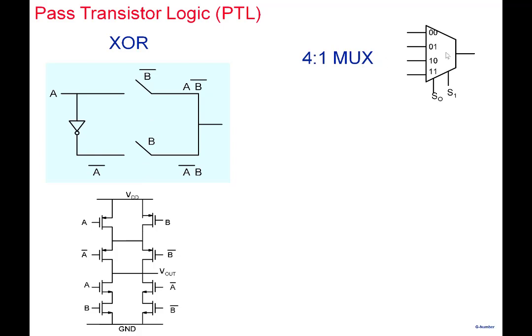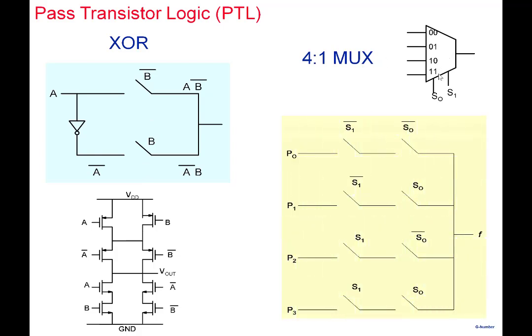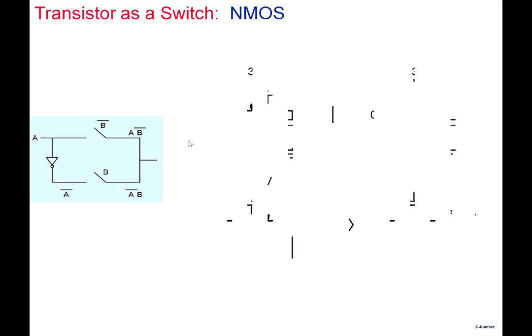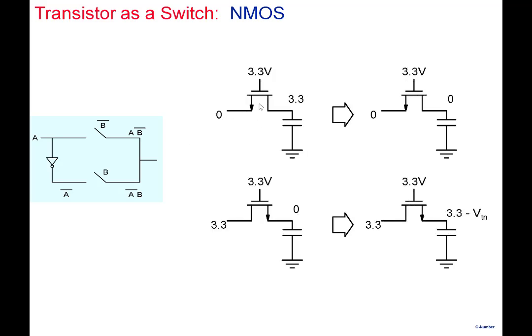Similarly, 4:1 mux. Look at this implementation of a 4:1 mux. All I need is 8 switches. And the switch I can perhaps just use an NMOS transistor or a PMOS transistor as a switch. Well, we'll see what happens.